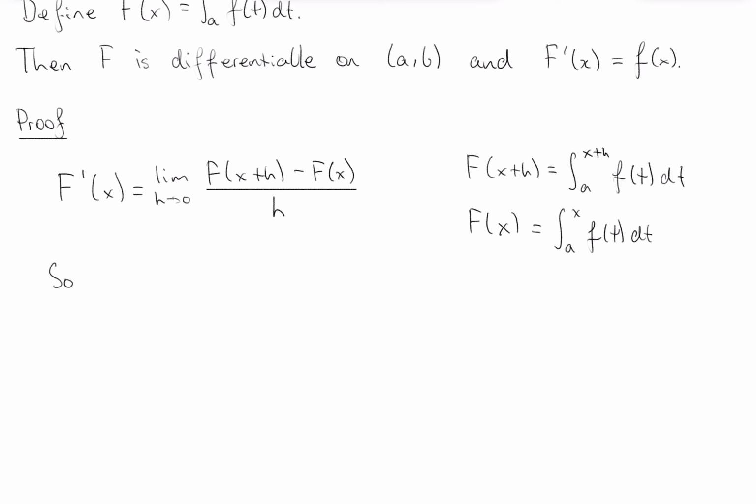So if we look at this numerator here, I'll just write it out explicitly, F of x plus h minus F of x. Well, that will just be the integral from a to x plus h of f of t dt minus the integral from a to x of f of t dt.